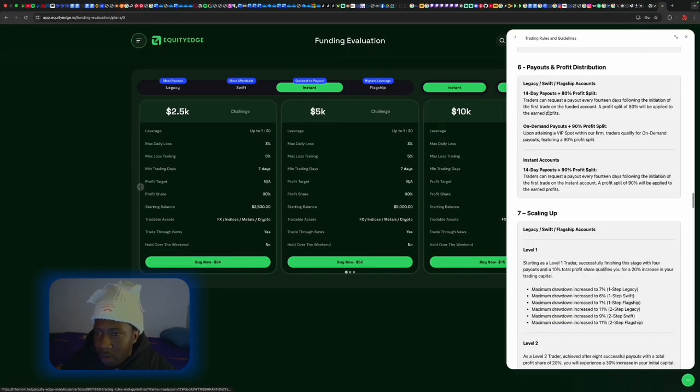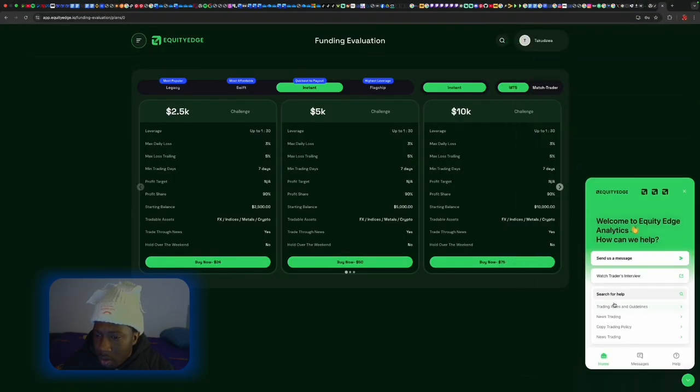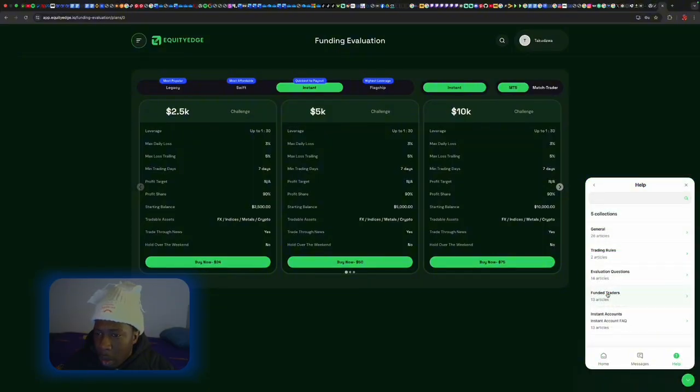Okay, on this table of contents I don't see payout. I see payout upon 111.